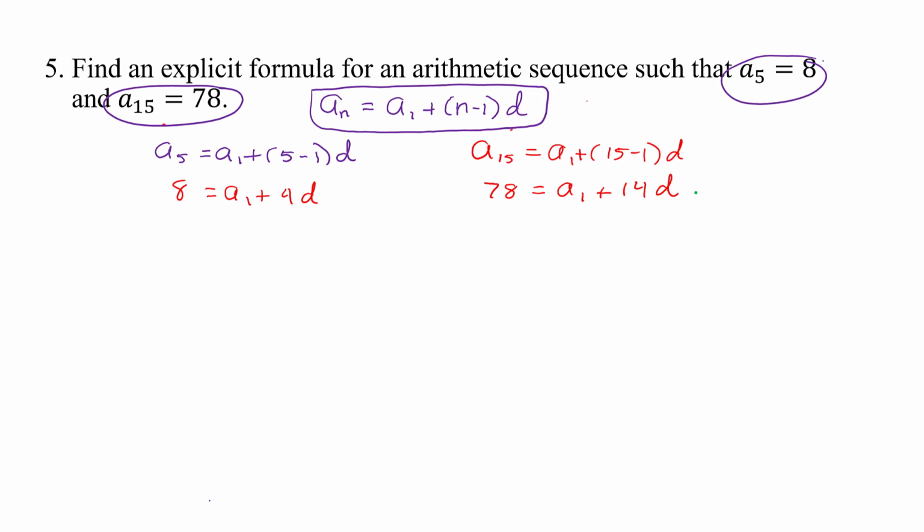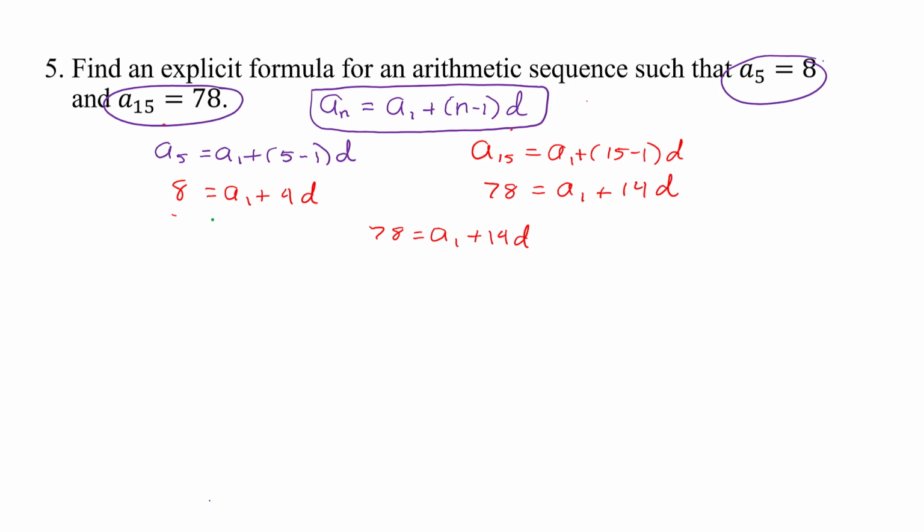Again, we're trying to find what d is and what a sub 1, our first term, is. Well, if we add these together using the elimination method, I can start by writing 78 equals a sub 1 plus 14d.